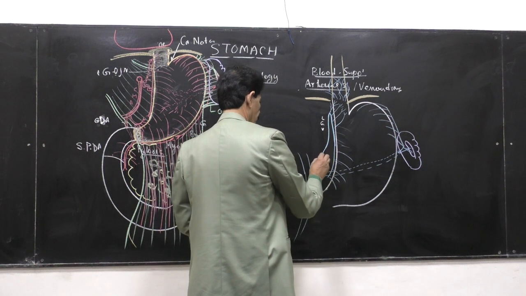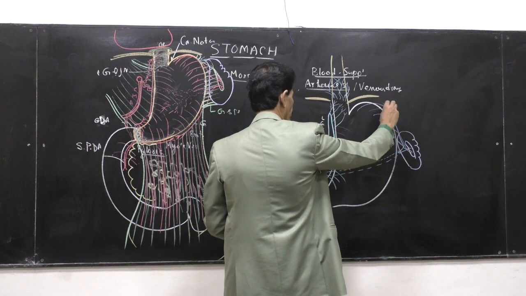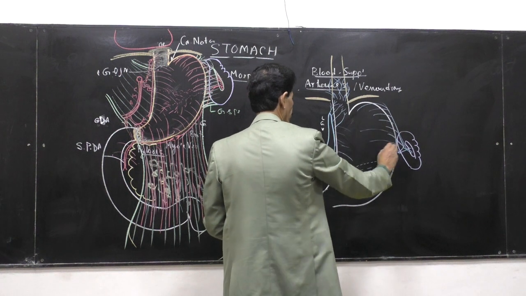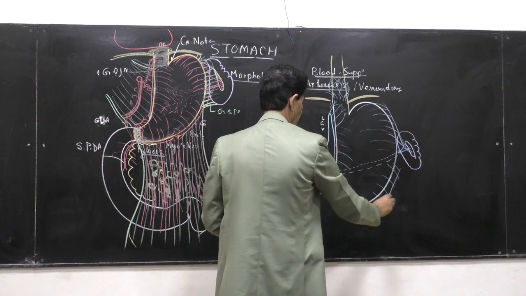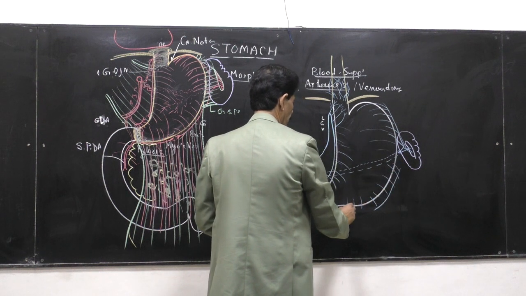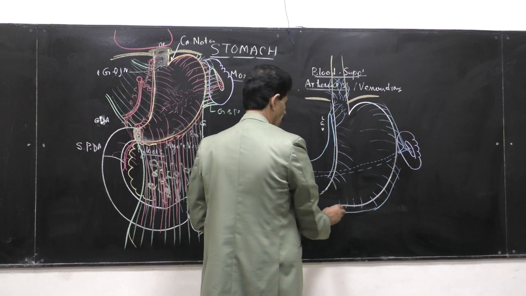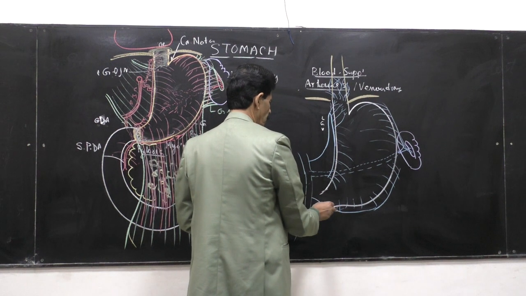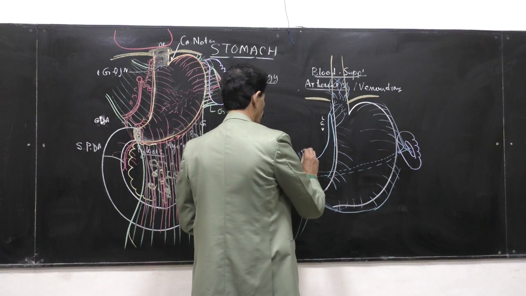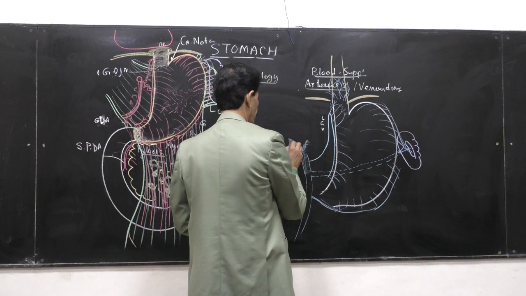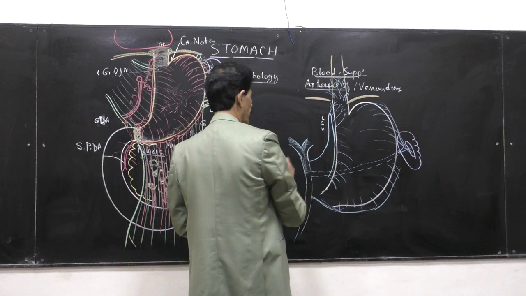And this portal vein gets the left gastric vein as a tributary, and the splenic vein gets the tributaries of the short gastric veins and veins on the body of the stomach. Similarly, the right and left gastroepiploic arteries accompany the right and left gastroepiploic veins, and these veins also open into the superior mesenteric vein to reach the portal vein, which goes into the liver as right and left branches, into the porta hepatis of the liver.